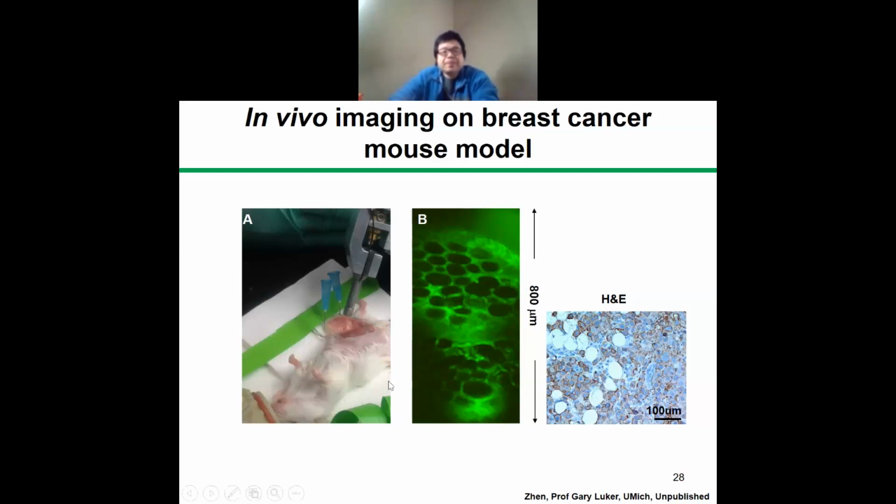He developed the breast cancer mouse model, and we tried to use the handheld system with the 5 millimeter distal end to image the breast cancer area, and you can see the structure similar to the histology slides. Actually, this is an IHC slide, with specific highlighting of the overexpressed biomarkers. So this is the developed system showing histology-like fluorescent imaging.